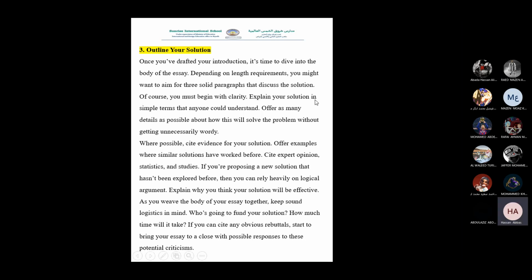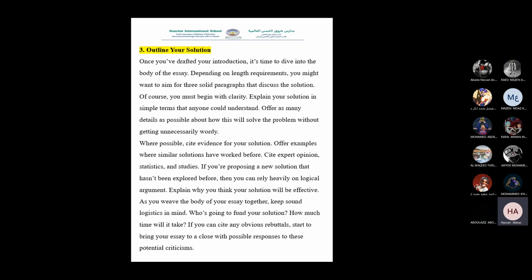Explain your solution in simple terms that anyone could understand. Explain your solutions in a very simple way, for the children before the adults. Anyone who reads your paragraph and your essay must be able to understand what you want to say and what you plan to do.